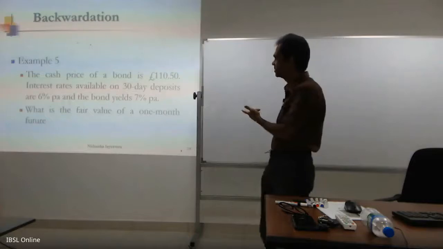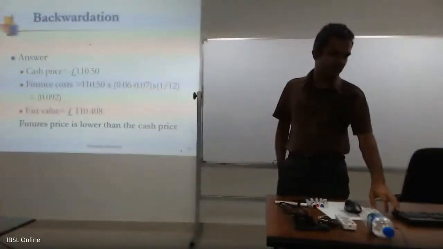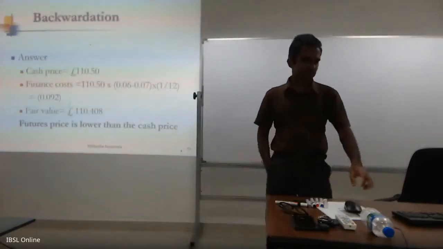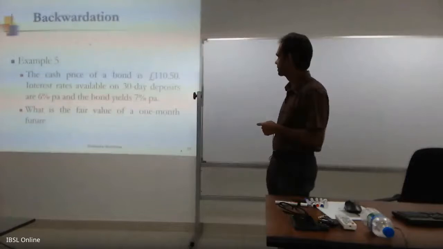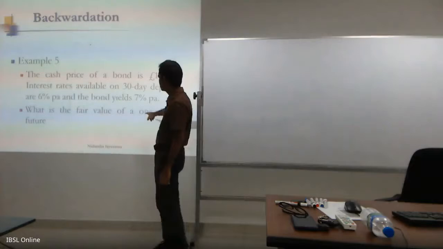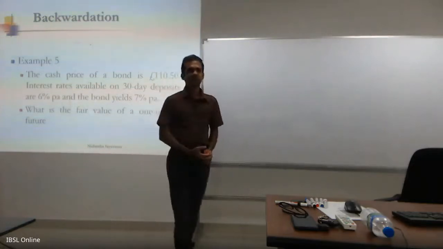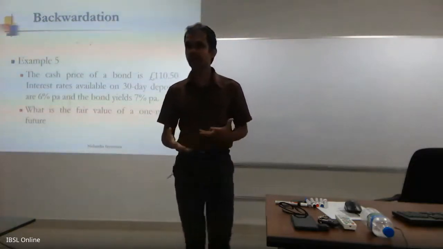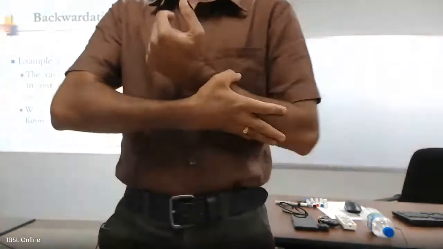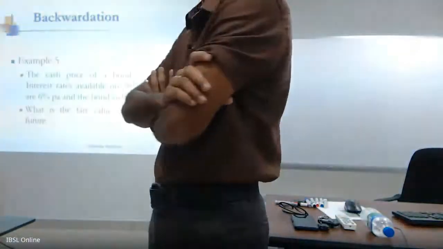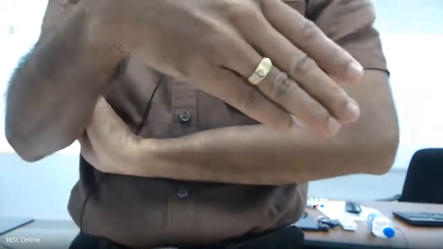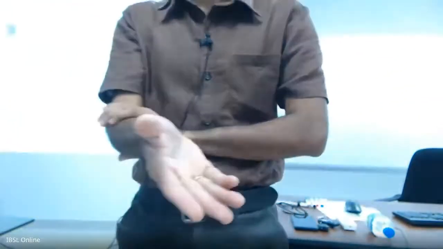If you work out this example, you will get a futures price less than the cash price. Here it says 110.50 is the cash price, interest rate is 6%, and the bond yield is 7%. Even in Sri Lanka, if you can do bond futures now, you can see the coupon on existing bonds will be higher than the market interest rates.